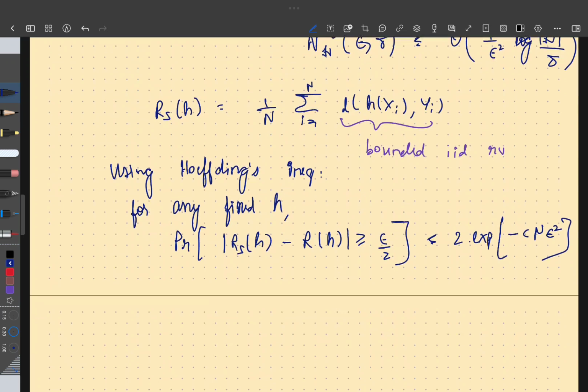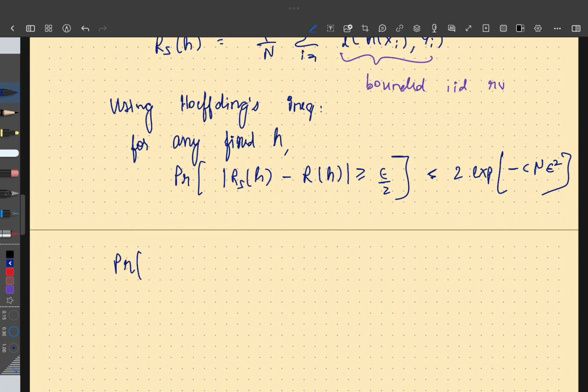But this is for a fixed h. What do we want to show? We want to show that for every h within the hypothesis class, R of h minus Rs of h is less than or equal to epsilon by 2. So we can just use a union bound.